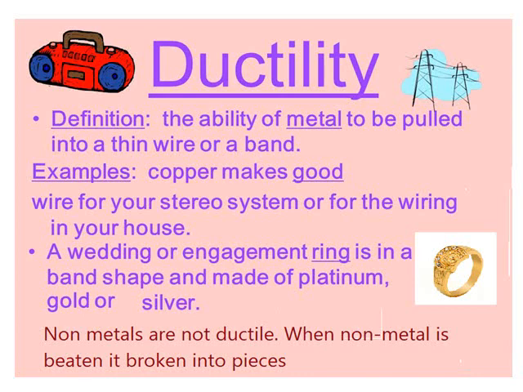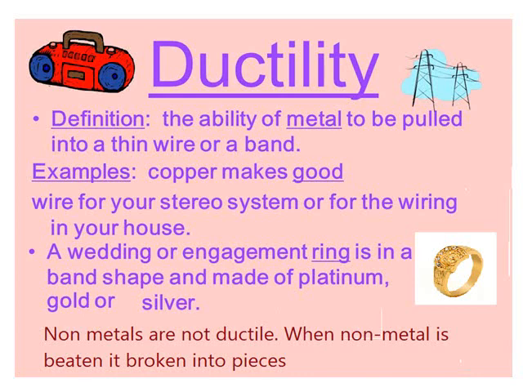Next, we will move to the property called ductility. What is ductility? The definition says the ability of a metal to be pulled into thin wire or band is called ductility. So, the ability of a metal to be made into thin wires is known as ductility.